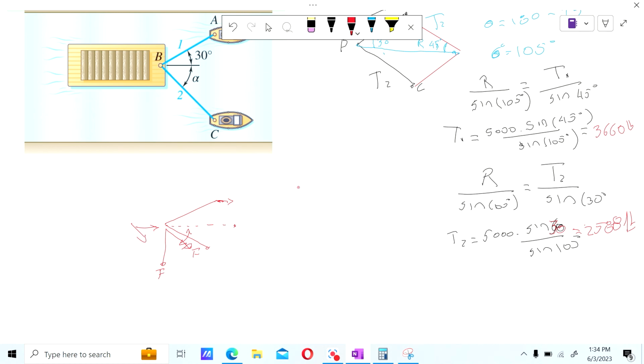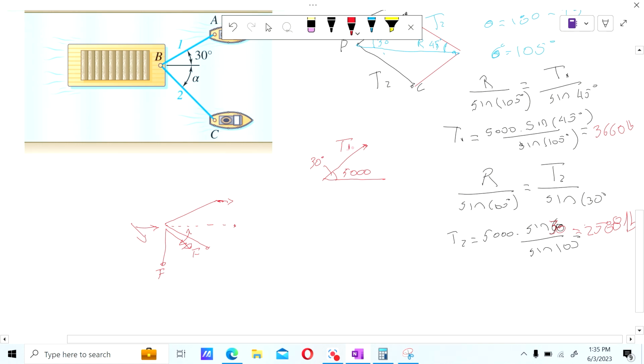For instance, you can do iterations. You can use a computer and say, okay, if this is 5,000 and this is T1, and this is 30 degrees.